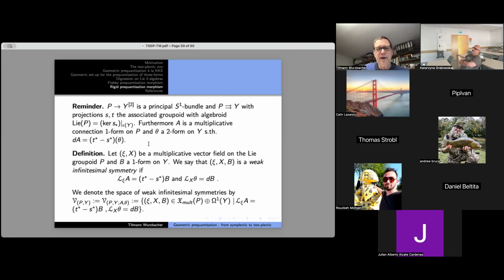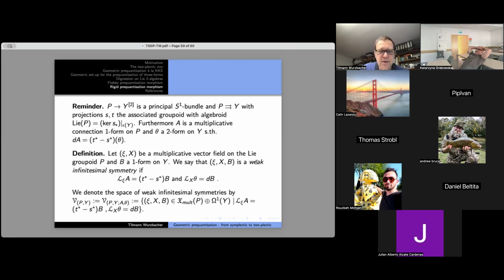So you take a multiplicative vector field, and your freedom is this B. So maybe this B in a certain sense fits with your idea of a gauging. We say that a triple, multiplicative vector field plus a one form, is a weak symmetry.